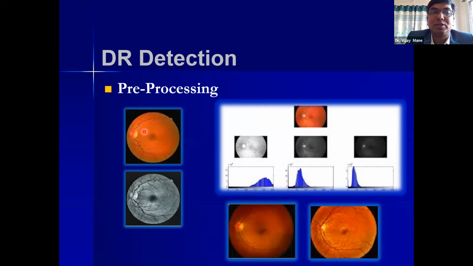So from the color fundus image, normally the green plane is selected because we can see the proper contrast in the green plane. So the green plane of the image is used for further processing. So you can see here how the blood vessels can be easily seen, or the contrast of the blood vessels with the background is easily seen over here. So shade correction, contrast enhancement, certain such pre-processing tasks are applied.